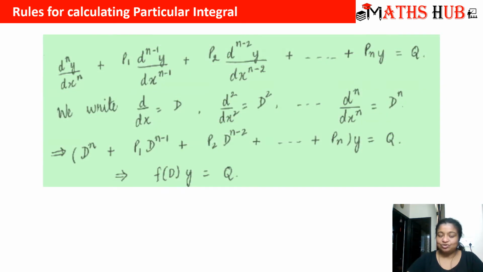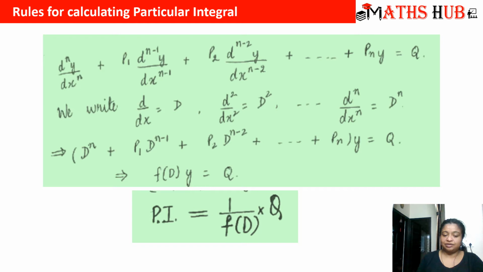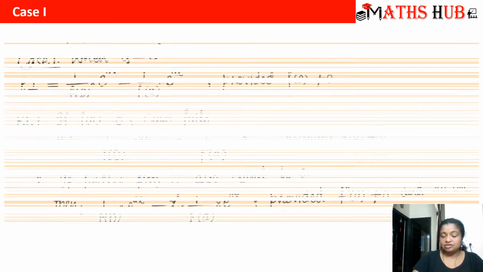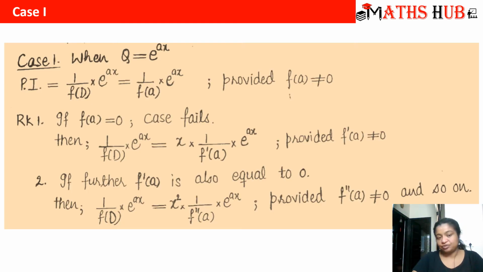We did the rules to calculate the PI, where the particular integral is calculated using method 1 by F(D) times Q. If F(D) is just the function D, then 1 by D times Q is equal to the integration of Q dx. Then we did case 1, when the right hand side function was e to the power ax, and we simply replaced D by a.